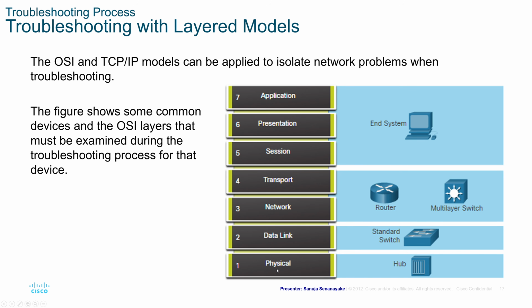By heart, you need to know exactly what the physical layer is, what the data link layer is, the network layer, transport layer, session layer, presentation layer, and application layer. Because if you don't understand this OSI model or the TCP/IP model, which is not displayed here, you will have a hard time troubleshooting your network. This is a fundamental concept that you should understand.